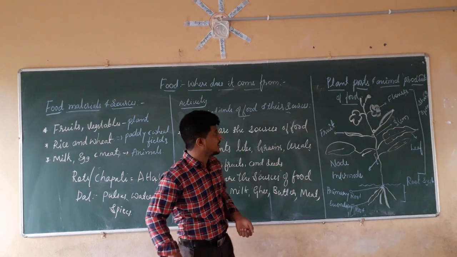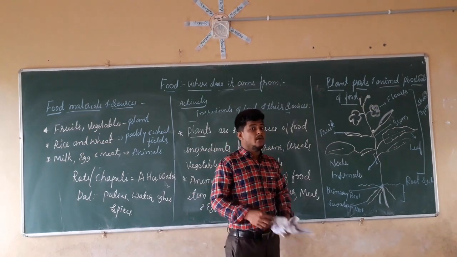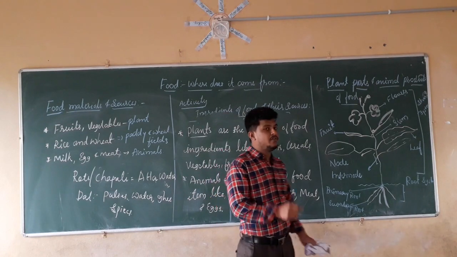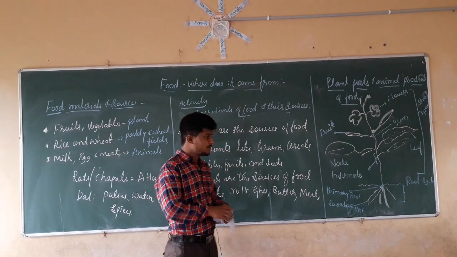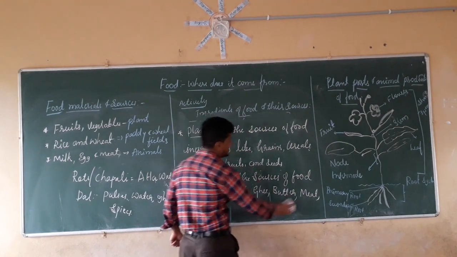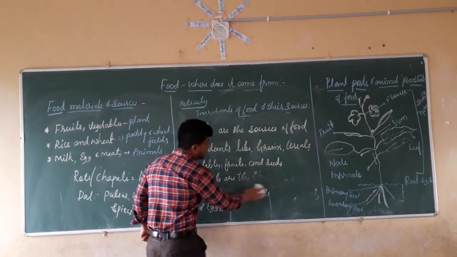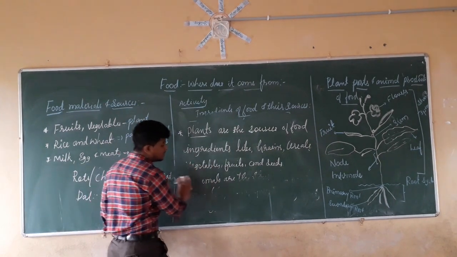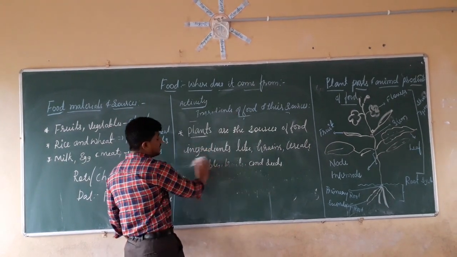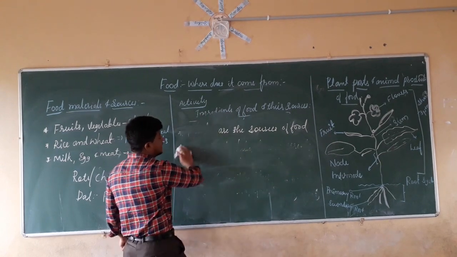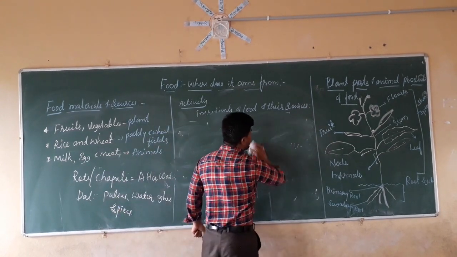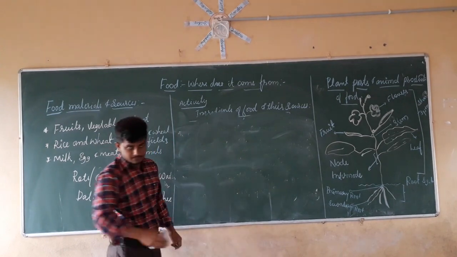In the same manner, we have to discuss which part of the plant we are going to use to make the food items. Now I am going to list some food items from plant sources, and we have to identify which part of the plant it is.